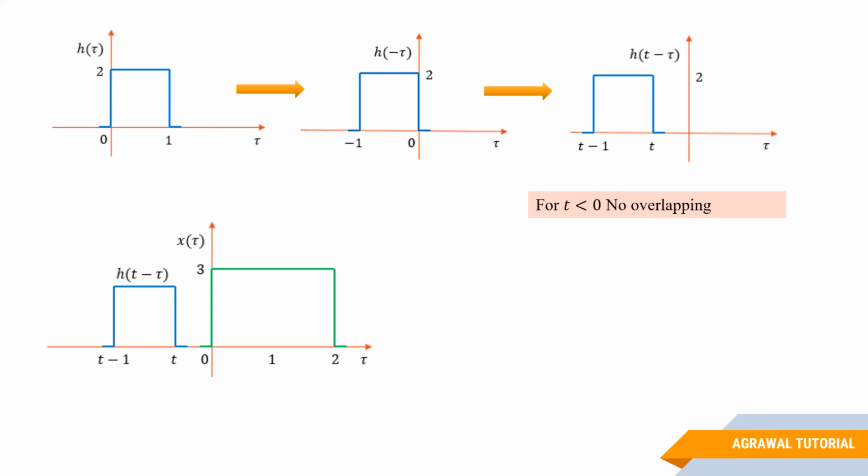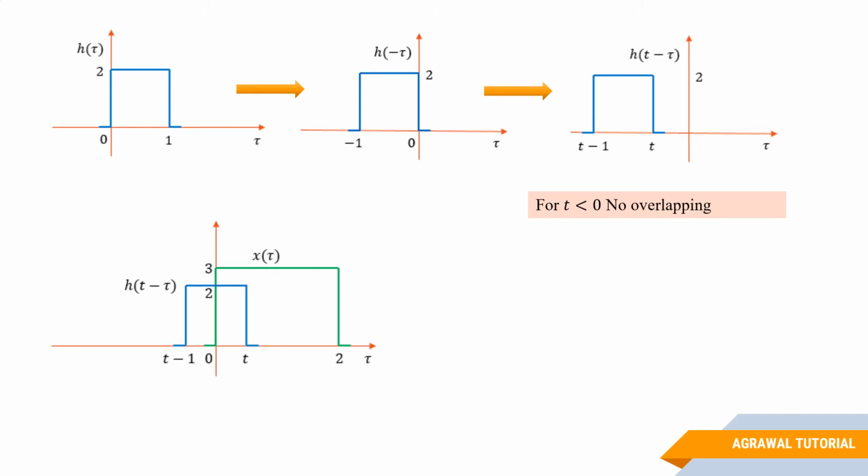Now let's move the signal h of t minus tau closer so that it will start overlapping x of tau. So in this situation, the signals start overlapping each other.